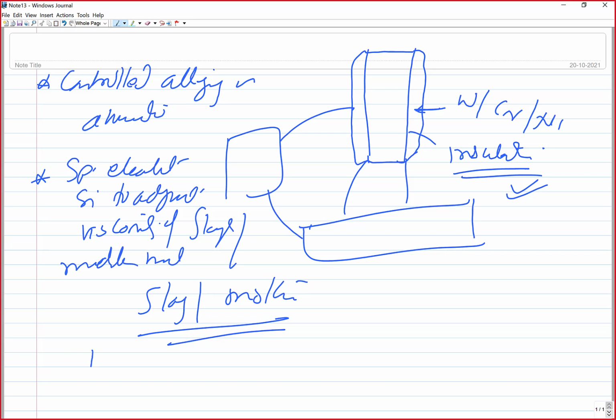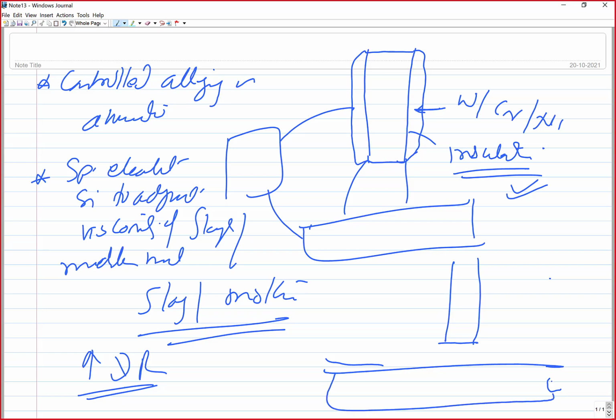There is one more. Coatings also help in increasing the deposition rate. How do we calculate the deposition rate? Let us understand this. This is the core wire, and this is the weld metal being generated. The core wire will be melting. Say 60 gram has melted. How much of it has been deposited?